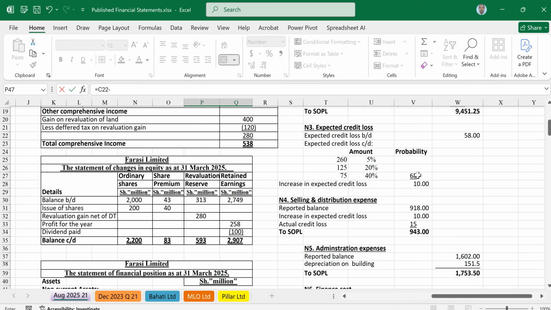Where are they? Here they are, 68. Then less the actual credit loss of 15, the omitted bad debts written off of 15. This one was also not included. So you deduct the allowances at the end, then you also deduct the actual credit loss of 15. That is for trade receivables.